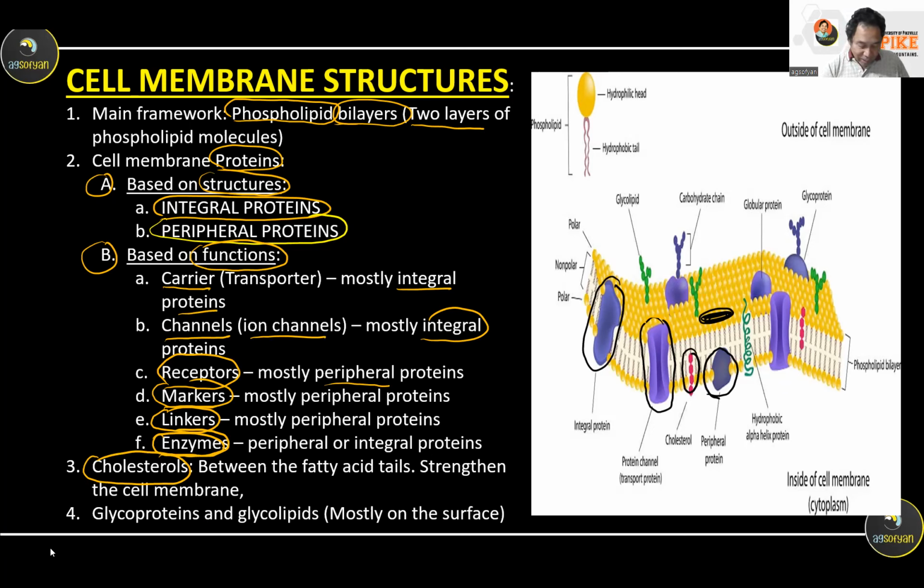The function of this cholesterol is strengthening the cell membrane, make the cell membrane become stronger. And also there are some other molecules on the cell membranes like glycoproteins and glycolipids. Mostly they are on the surface of the cell membrane. So these are the cell membrane structure.